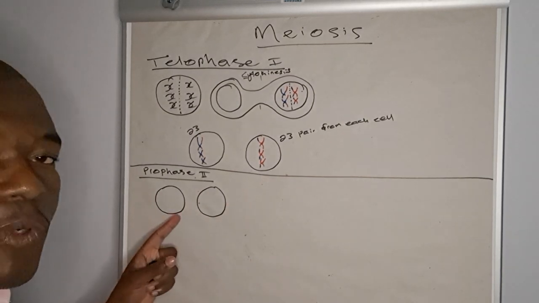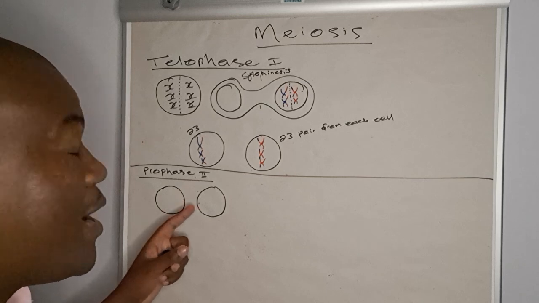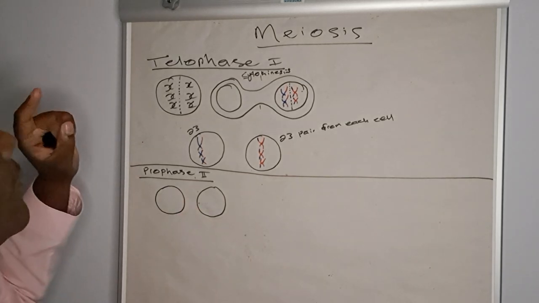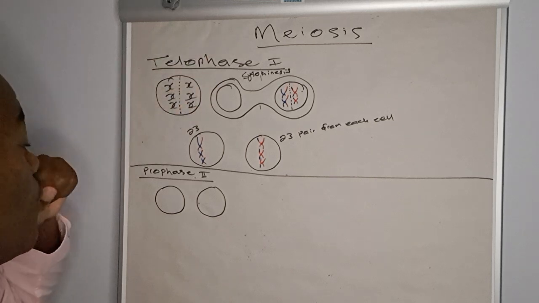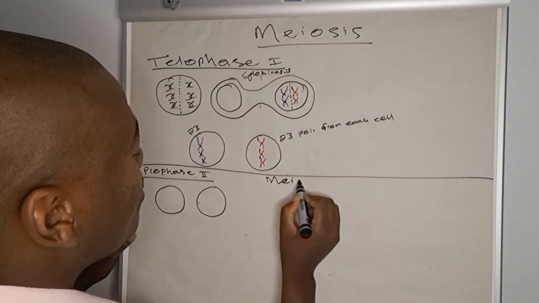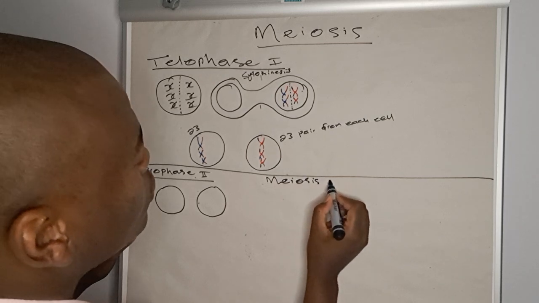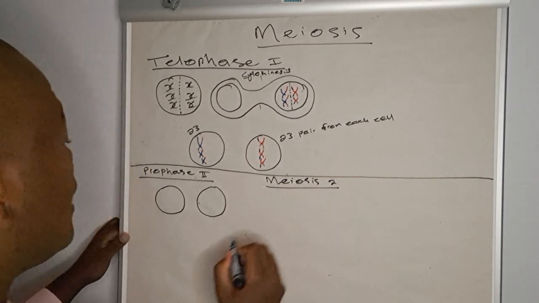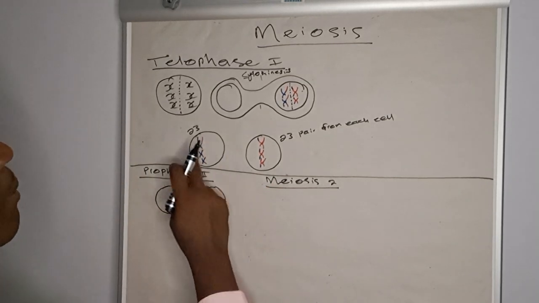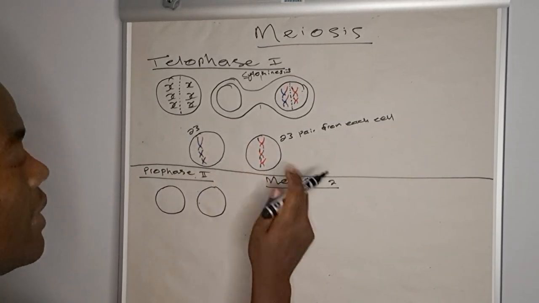Remember now we are dealing with two cells. We are no longer talking about one cell. After stage one of meiosis, when we go to stage two, it will be our meiosis 2. Here now, we don't need one cell. We are working with two cells because the process of DNA diversity has taken place.